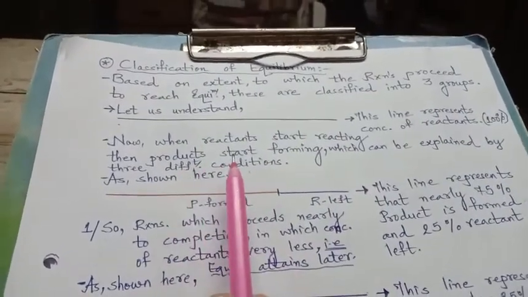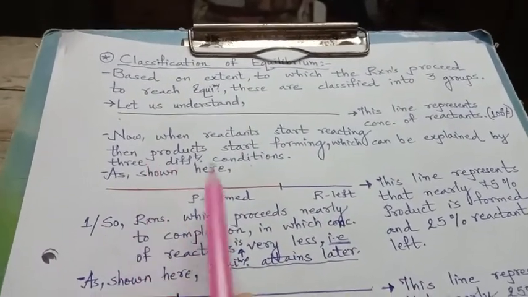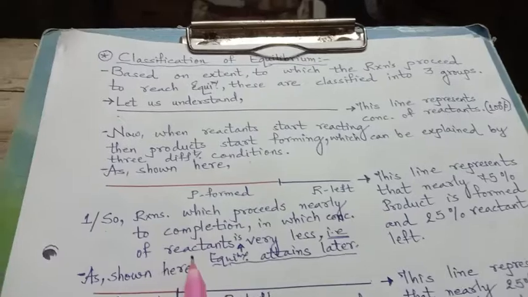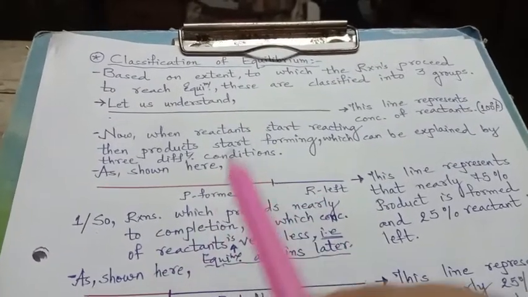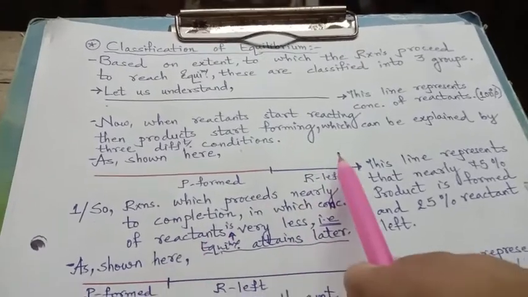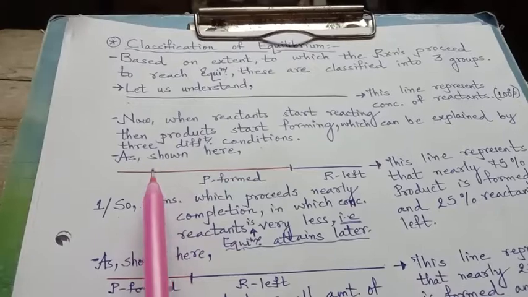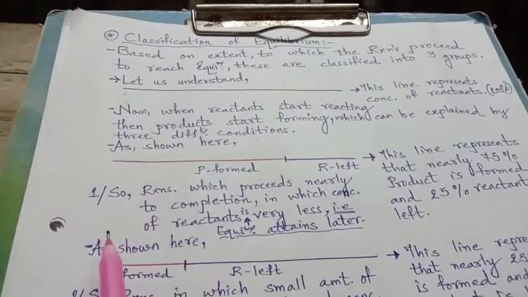Now when reactants start reacting, products start forming. As soon as the reactants start reacting, the products also start forming, and this can be explained by three different conditions.